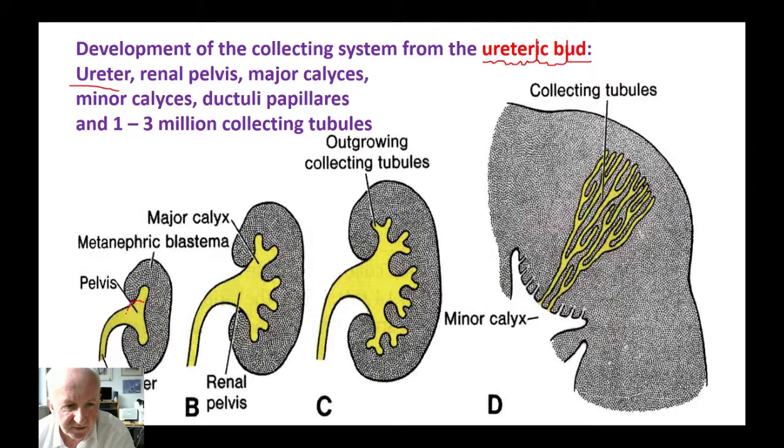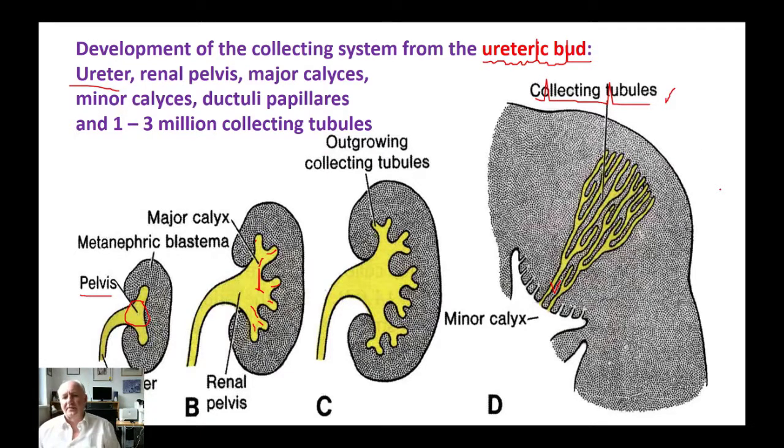As you see, the pelvic part of the kidney, pelvis, the large, major calyxes, the minor calyxes, and we have to go on in the division, and ductuli papillares, and collecting tubules, please.